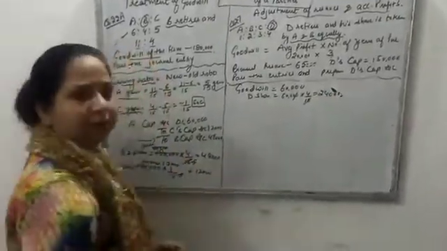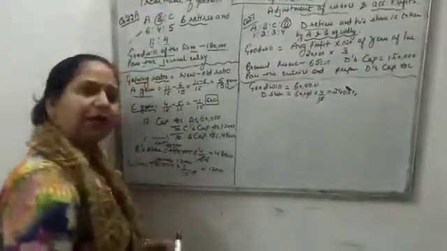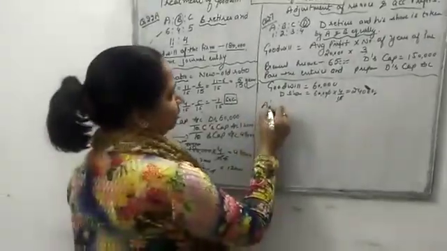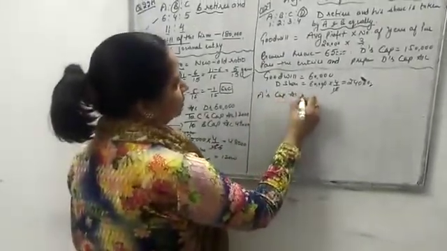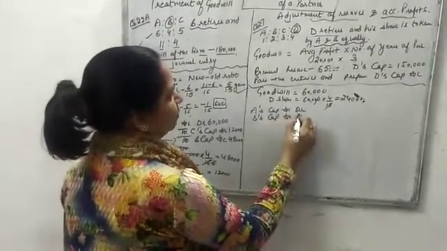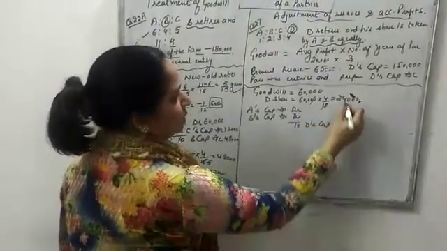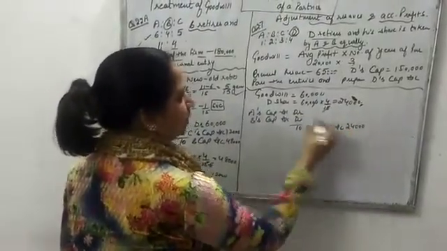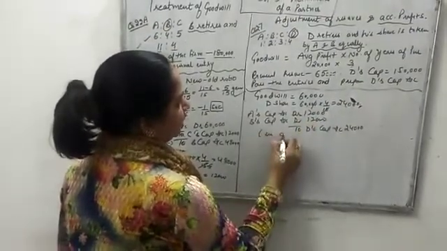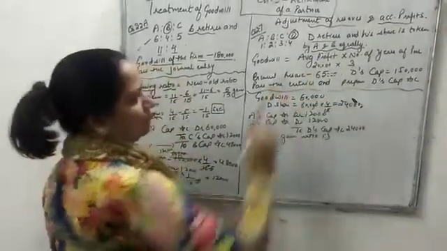So what entry has been formed? It is clearly written that D retires and his share is taken by A and B, which means A and B are going to gain. So what will be the entry? A's capital account debit, B's capital account debit, to D's capital account, D gets 24,000, and here these two partners are going to gain in gaining ratio, that is 1:1 equally.